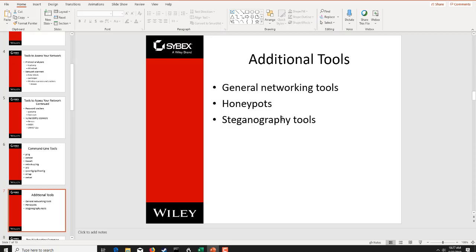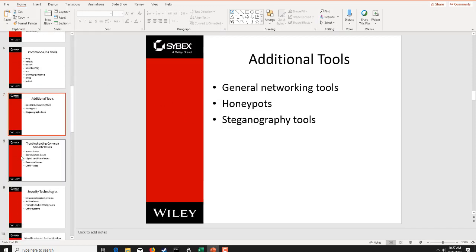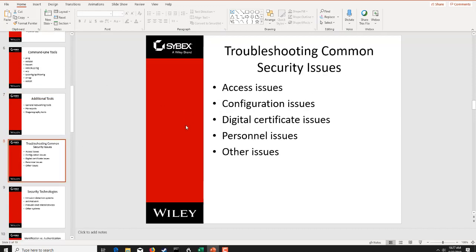But for now, what you need to understand is that they are used as a process whereby you can hide data within something like a picture. Honeypots, we talked about a little bit. They're good for just setting up a logging instance and trying to filter abusive traffic to it. So let's go into troubleshooting some of these issues that you may come across.